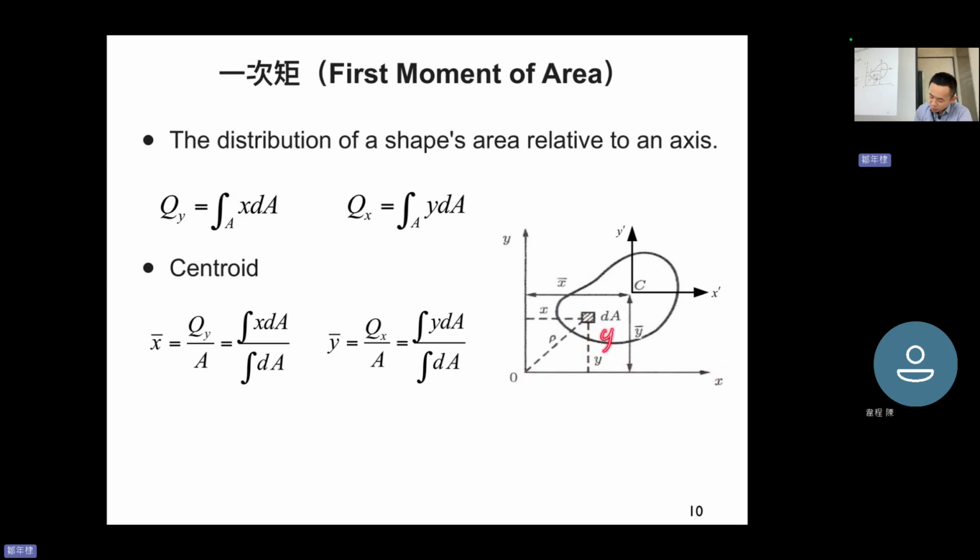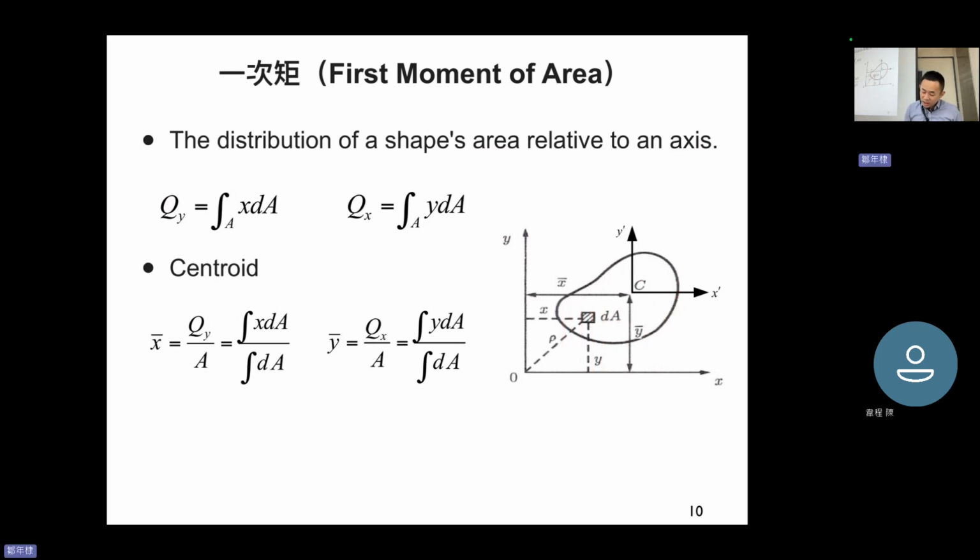So their distance will be y. So this area y, this area another y, and this area another y. Okay, so you need to sum them now, all the small dA times its own y, and then do the integration. So you can see the area of this small piece times its own height, y.